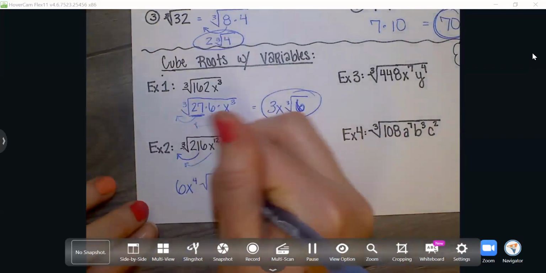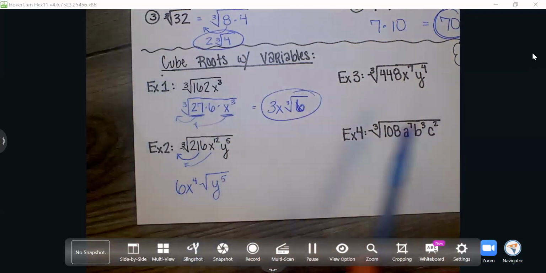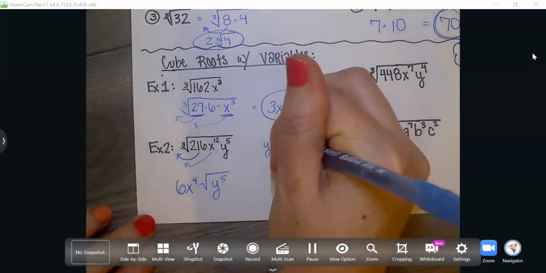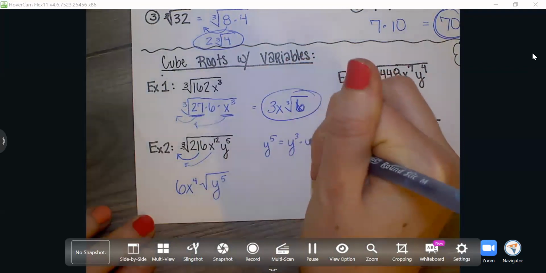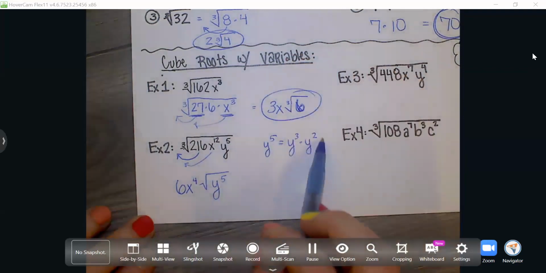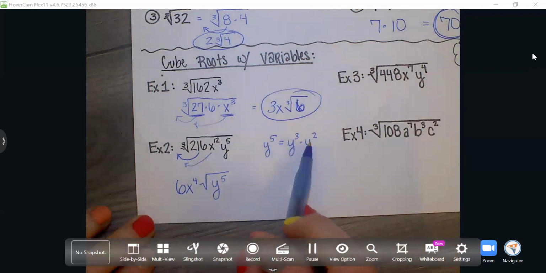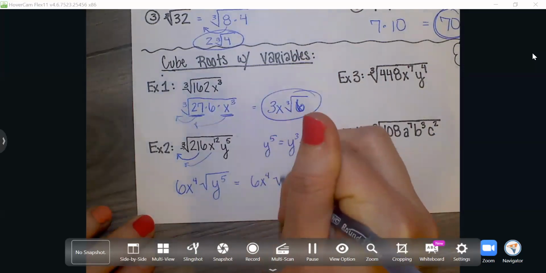What I'm left with inside is y to the 5th. Now, y to the 5th is not a perfect cube, but I can break it down into y to the 3rd and y to the 2nd. As long as they total up together to equal that, they are the same equivalency. So I'm going to go ahead and break that down. 6x to the 4th stays outside.